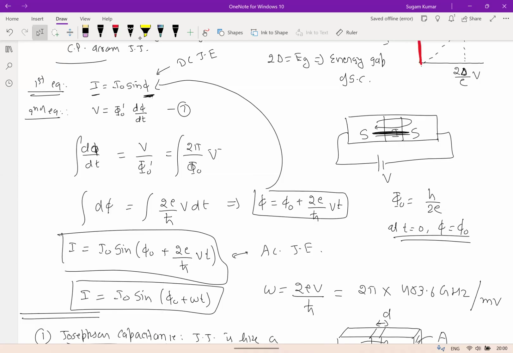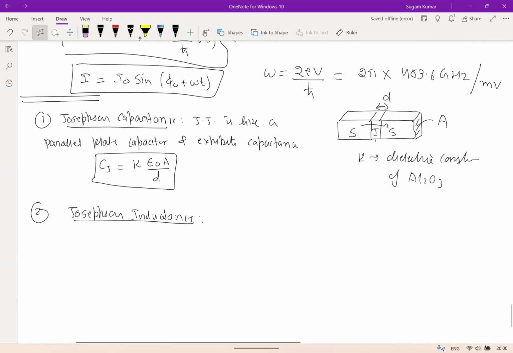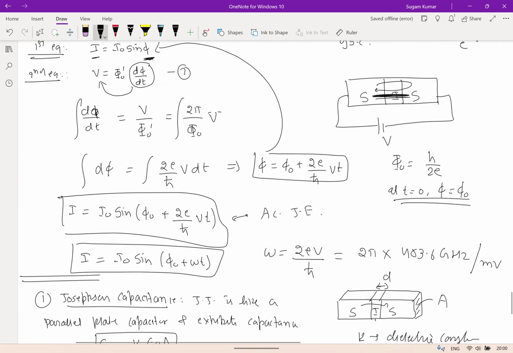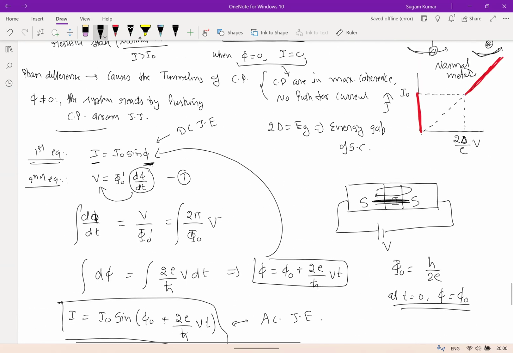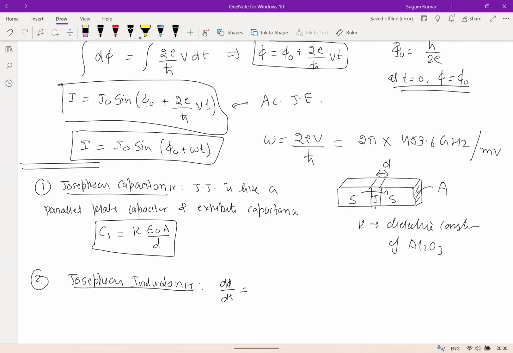And if the phase is changing with time, then this is going to cause a voltage drop. So this is a point I want to mention here: if there is a d phi by dt, that is going to cause a voltage drop.